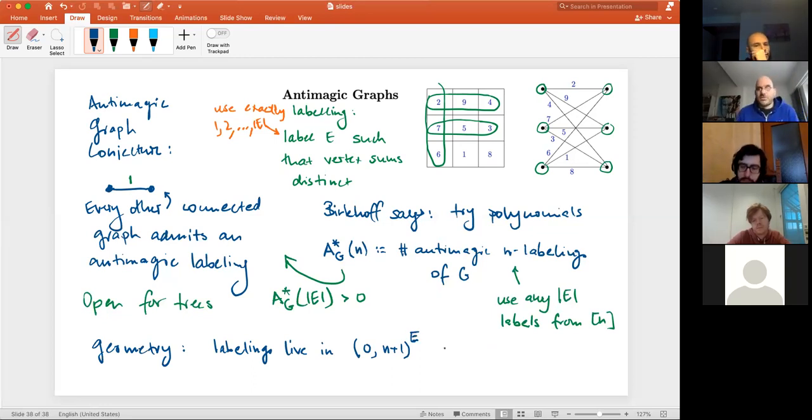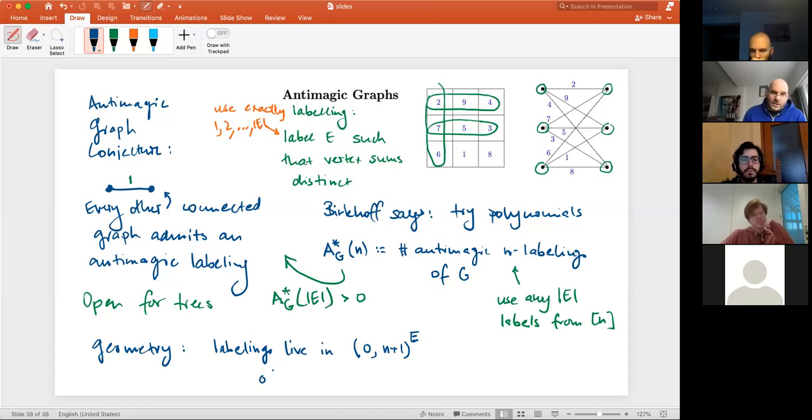I have one label per edge, and each label is between 1 and n. And so I'm going to model this with an open polytope, and that polytope will be the unit cube dilated by n plus 1, and I'm going into the interior. Okay, so that's first of all.